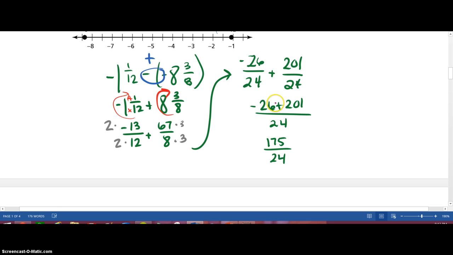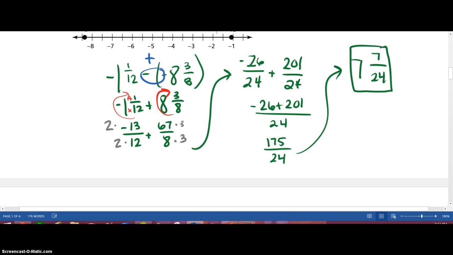I'm taking 201 and subtracting 26 from that. And again, I'm going to change that improper fraction back into a mixed number so it's easier for us to see. 24 goes into 175 7 times, and then we have 7 left over. So that would be our new numerator. So our final answer would be 7 and 7/24.